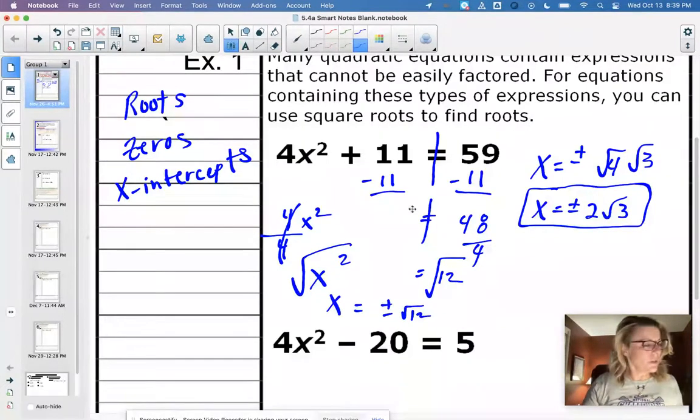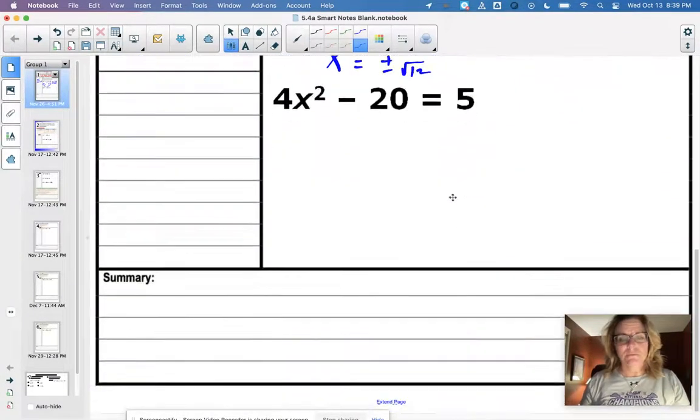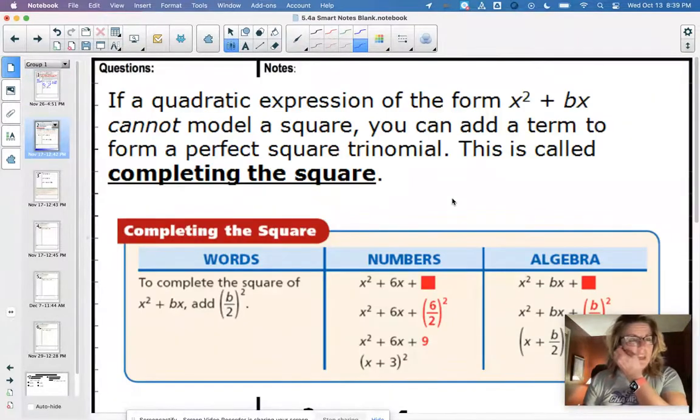The next one we're going to do in class. If a quadratic expression of the form ax squared plus bx cannot model a square, you can add a term to form a perfect square trinomial. This is called completing the square.